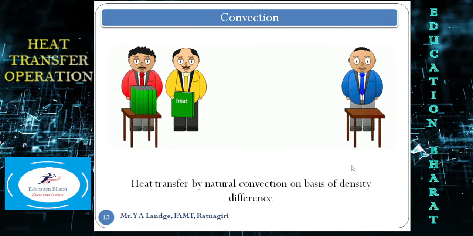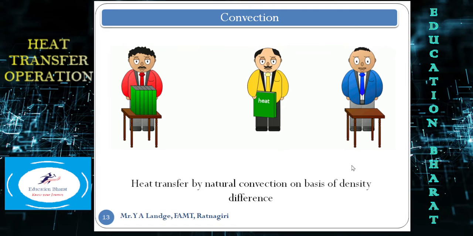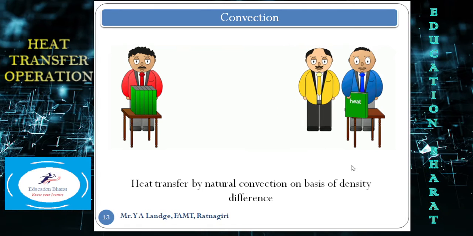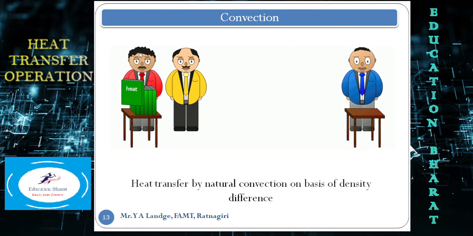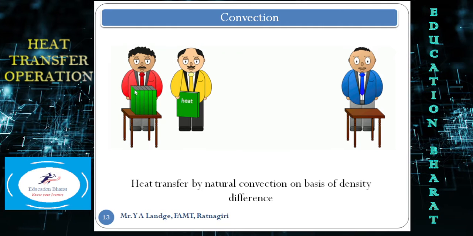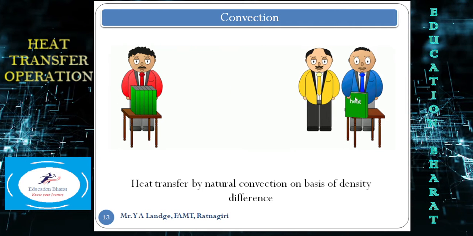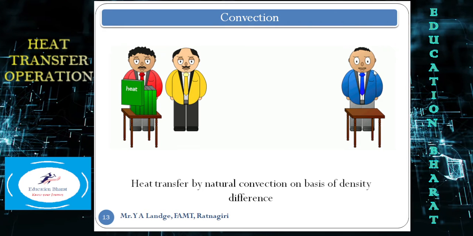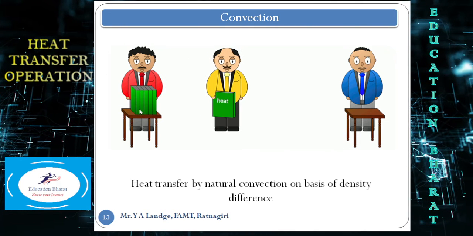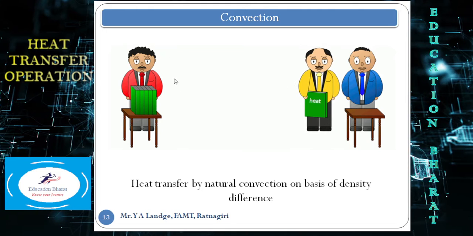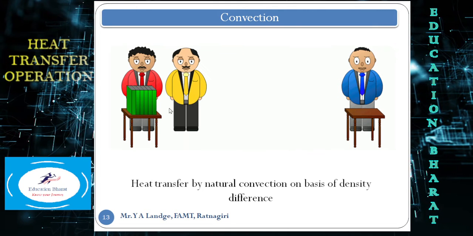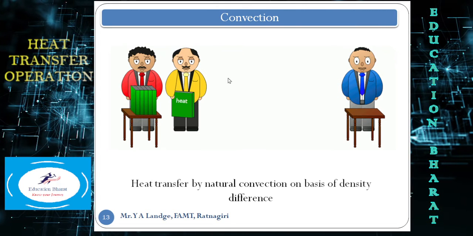With the help of this picture you can easily understand what exactly convection means. See here, this is the hot surface, through which the heat is transferred to this cold surface. How is it transferred? The hot surface gives the heat to the adjacent layer by conduction, and then because of the motion of the fluid or gas, it is transferred to the next one. In this case this surface is not directly in contact with that one. How is it contacted? Just because of the motion of the fluid.